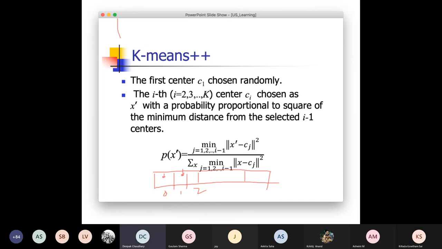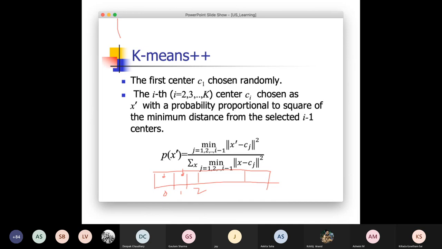So you have those functions. Here also, you are defining the probabilities of every candidate element not chosen yet, following this rule. It is computing the minimum distance of a candidate X prime from all the chosen centers so far.